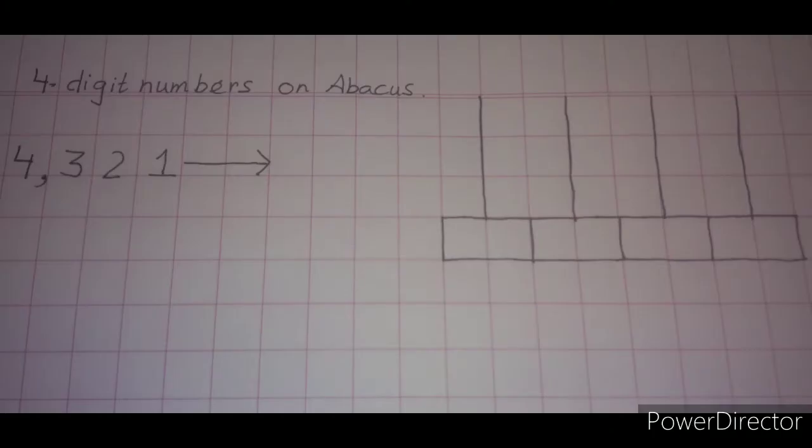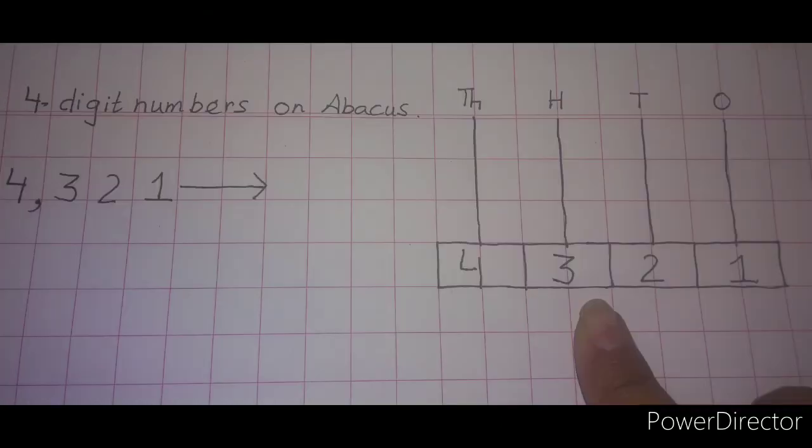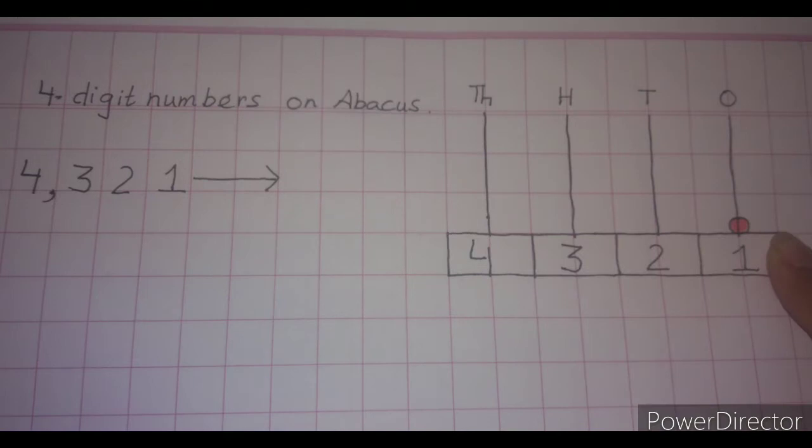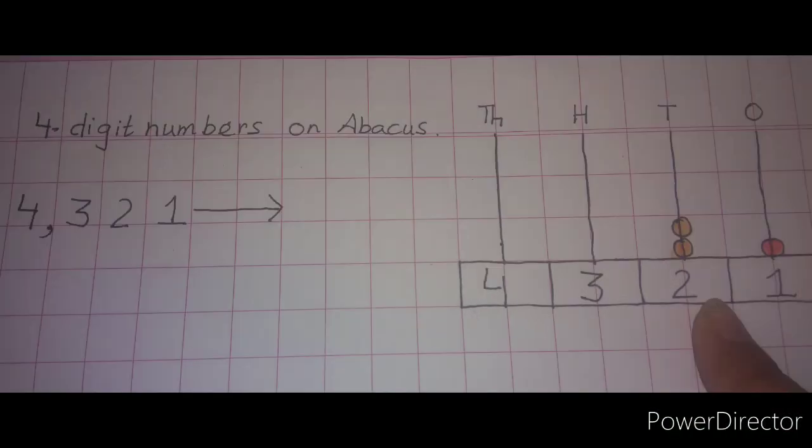Here the number is 4321. So under the 1000 column we will write 4, under 100 we will write 3, under tens we will write 2, and under the 1 column we will write 1. So in ones only one is there, so we will put 1 bead. Under tens 2 is there, so we will put how many beads? 1, 2.